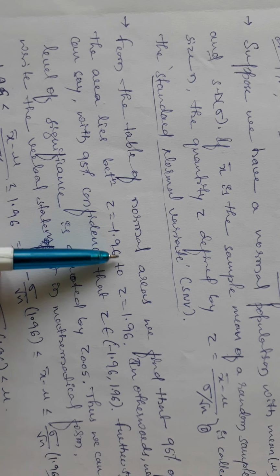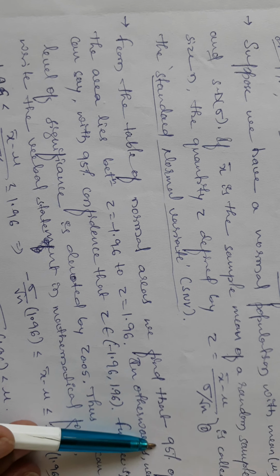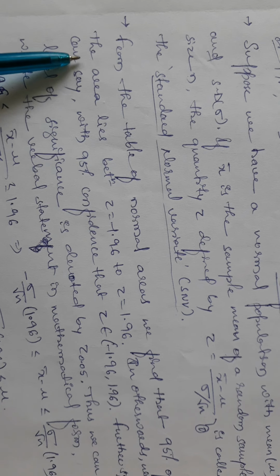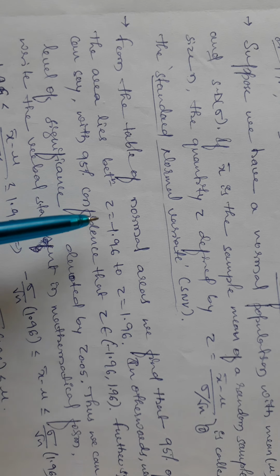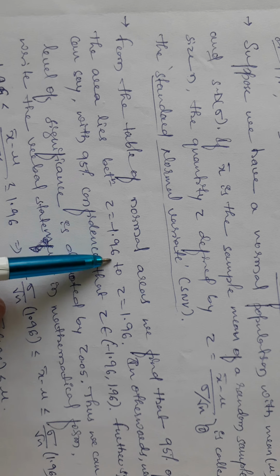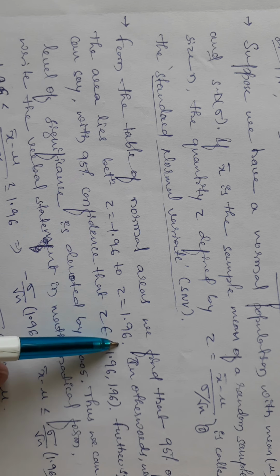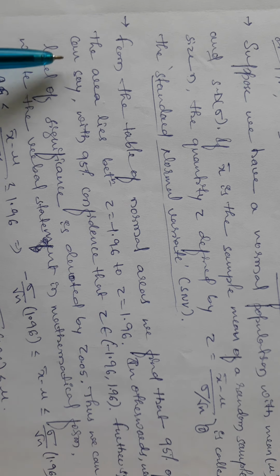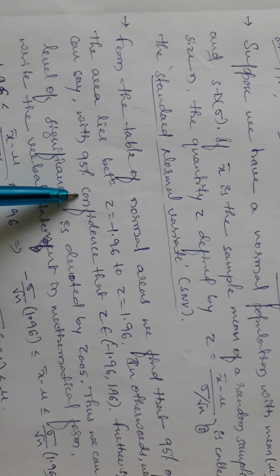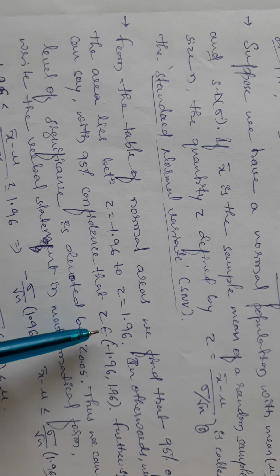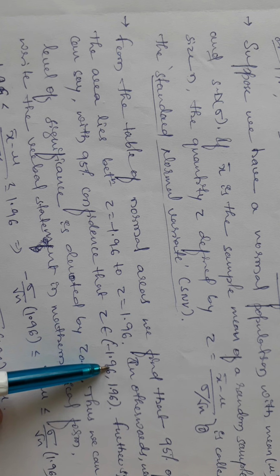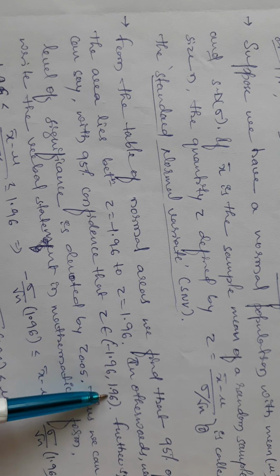From the table of normal areas, we find that 95% of the area lies between z equal to minus 1.96 and z equal to 1.96. In other words, we can say with 95% confidence that z lies between minus 1.96 and 1.96.